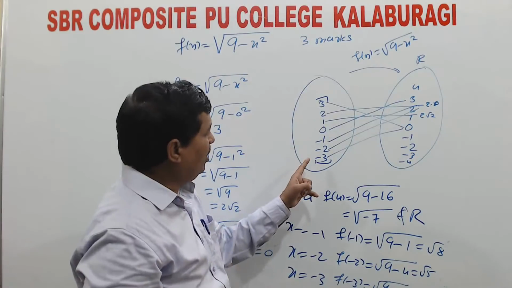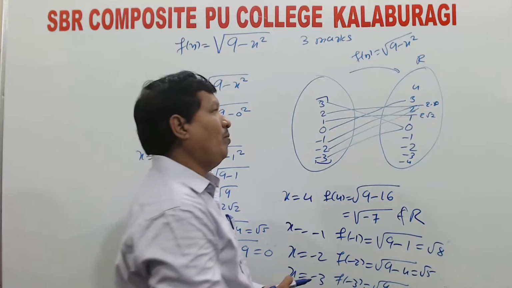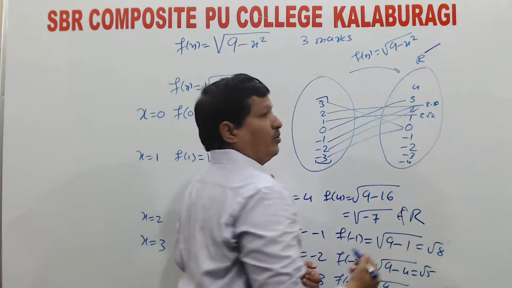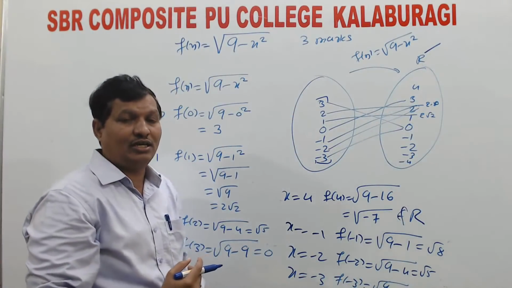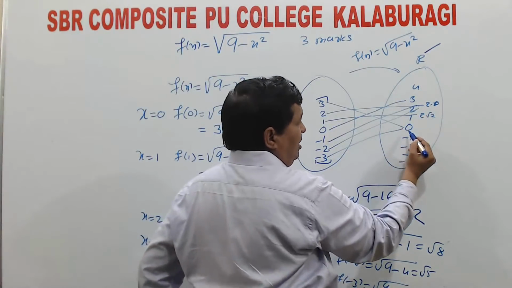Therefore, in this example, domain is minus 3 to plus 3. Codomain, no doubt, is real numbers. Already told, whatever examples we are discussing are all real valued functions. Therefore, what is the range? See.